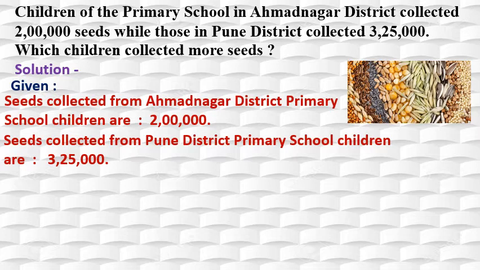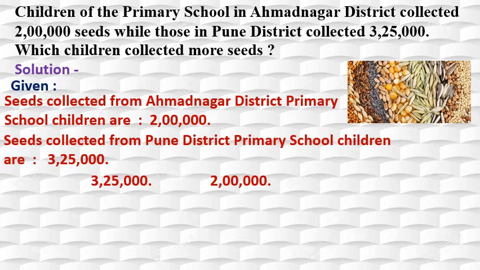Yes, students, and the question asked is which children collected more seeds? Now here we have to compare the seeds collected by both district children. Now I will write here: from Pune district it is 3,25,000 and from Ahmednagar district it is 2 lakh.